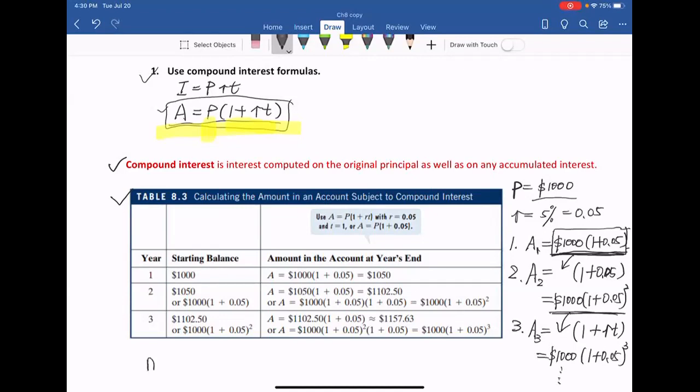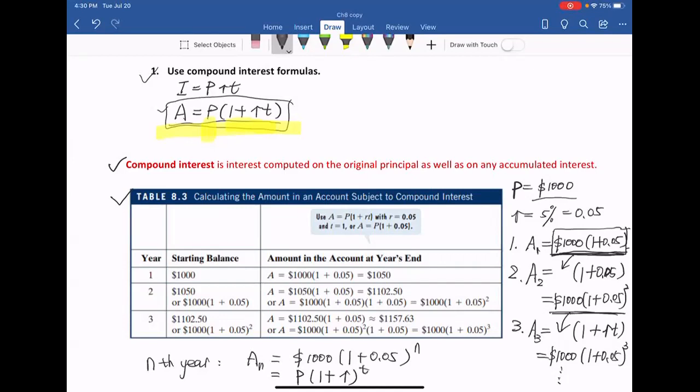For the nth year, at the end of the nth year, An is $1,000 times (1 plus 0.05) to the nth power, which means at the beginning you deposit to the bank the principal, or the present value, times (1 plus R) to the T.